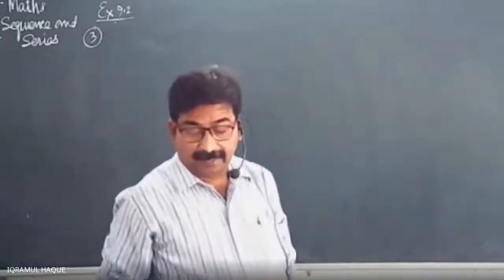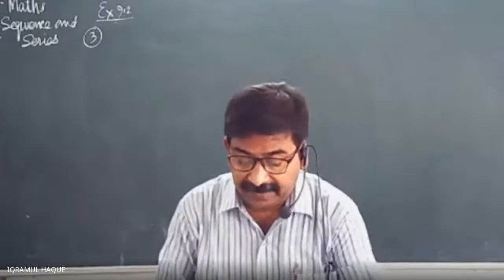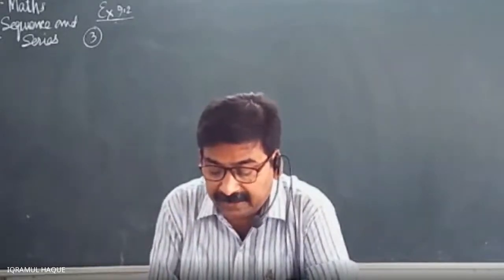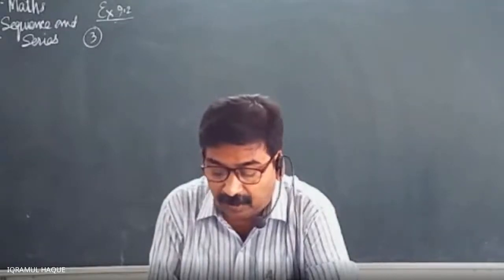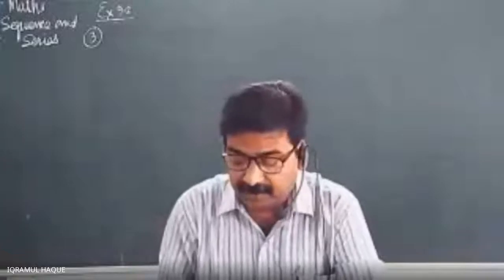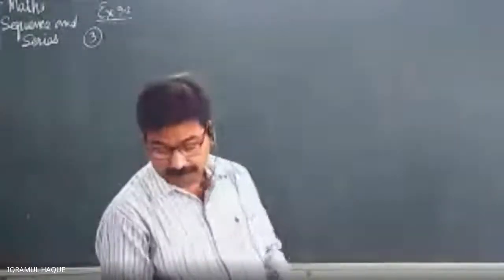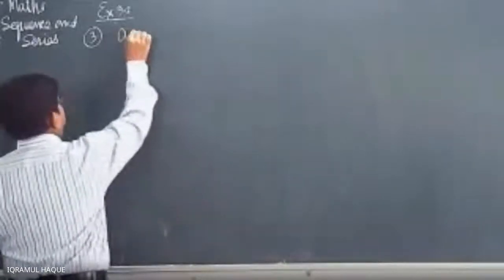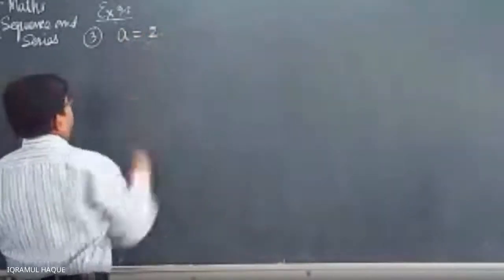Third question I'm reading. In an AP, first term is 2 and the sum of first 5 terms is 1/4 of the next 5 terms. Show that 20th term is minus 112. Given A is equal to 2.